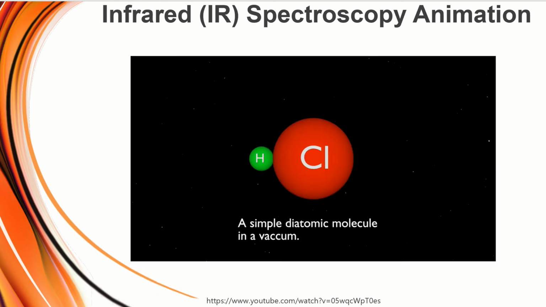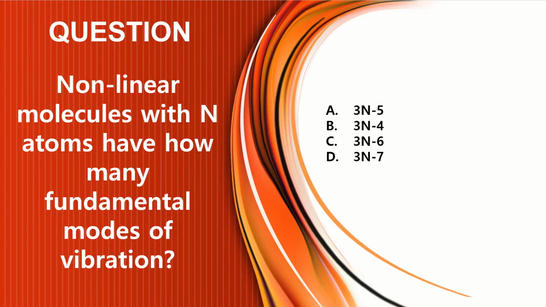All right, so hopefully that video would have added some clarity to what I just mentioned and introduced you to some other topics which we are going to cover and dive into. So that leads us to our first question, which says, nonlinear molecules with n atoms have how many fundamental modes of vibration?